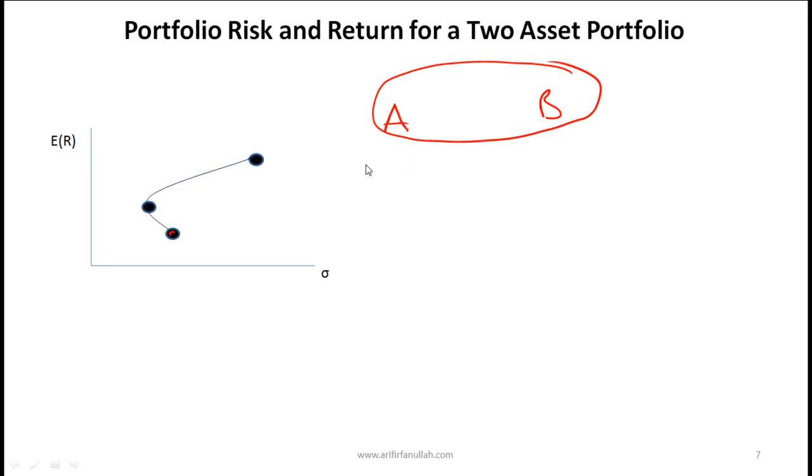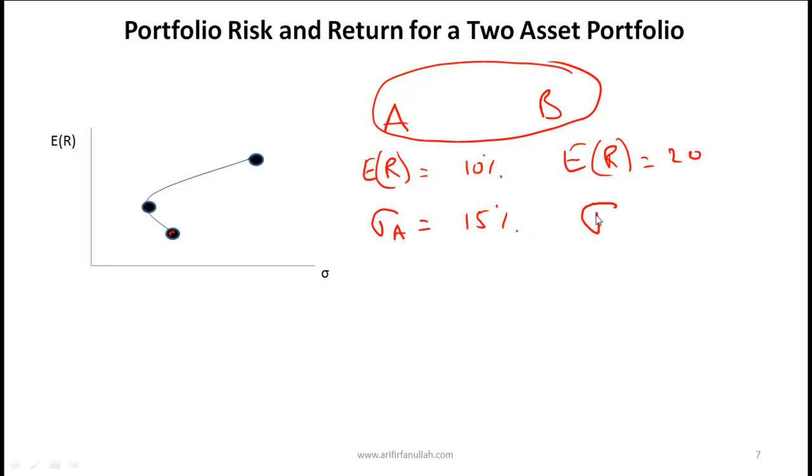Let's say stock A has an expected return of 10% and stock B has an expected return of 20%, and the riskiness of A is equal to 15%, and the riskiness of B, which will be higher because the expected return is higher, is equal to 30%.